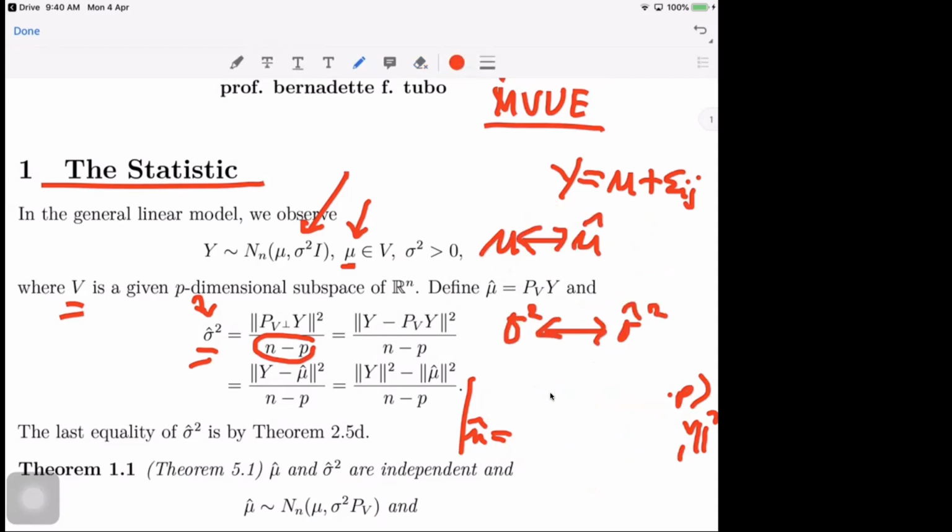In terms of projection, mu hat is just equal to the projection of y onto V, and sigma hat square is the square norm of the projection of y onto V perp divided by n minus p. N here is the dimension of your whole space, and p here is the dimension of V wherein mu is.